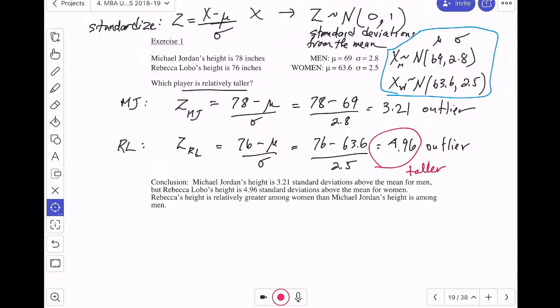I see Omar wrote the percentiles, but he got one of them wrong. But that's okay though. Let's talk about that for a second. So let's say I wanted the percentiles.